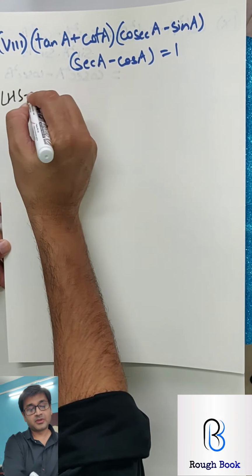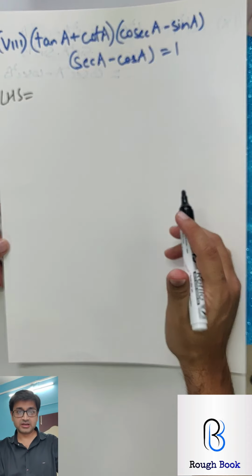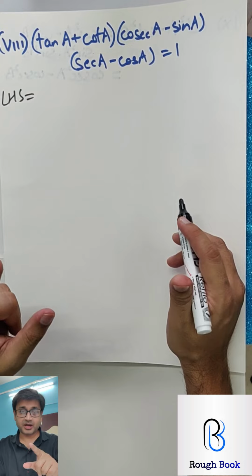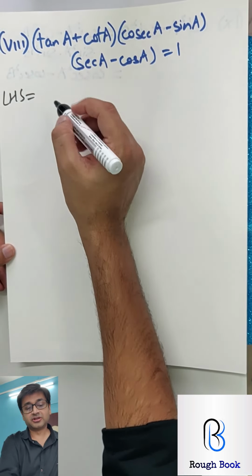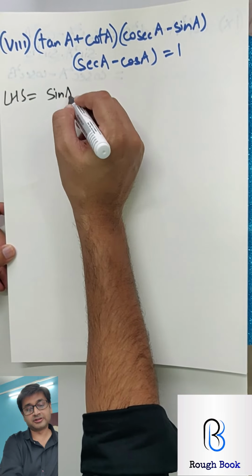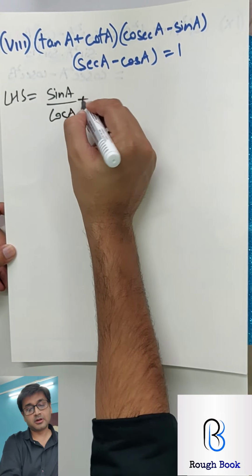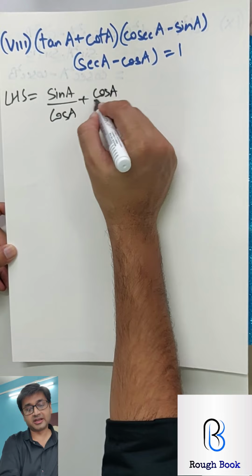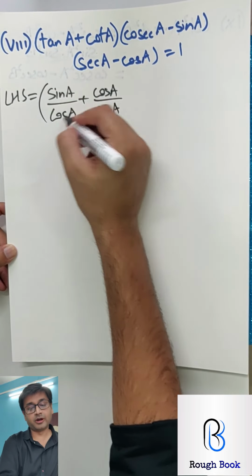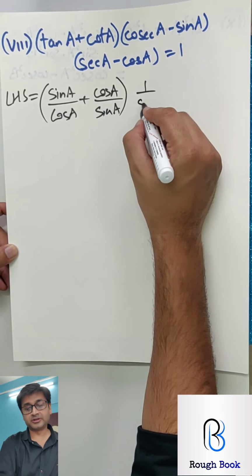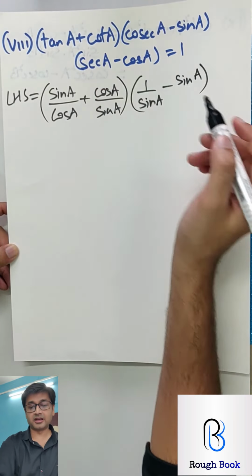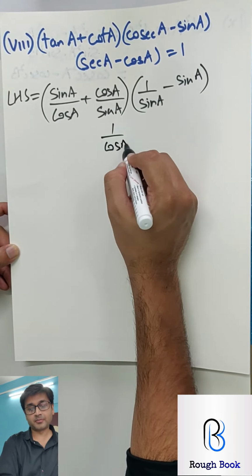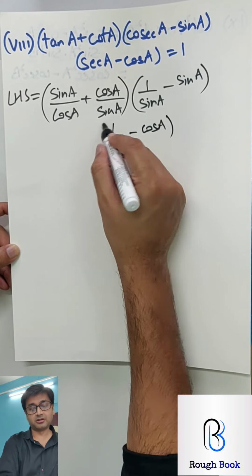So LHS, convert everything into sine cos. And if you get this sum, I will be impressed. Please let me know in the comment section. So tan is sine A upon cos A. Cot is cos A upon sine A in one bracket. Likewise 1 upon sine A minus sine A, another bracket. Likewise 1 upon cos A minus cos A in the third bracket.